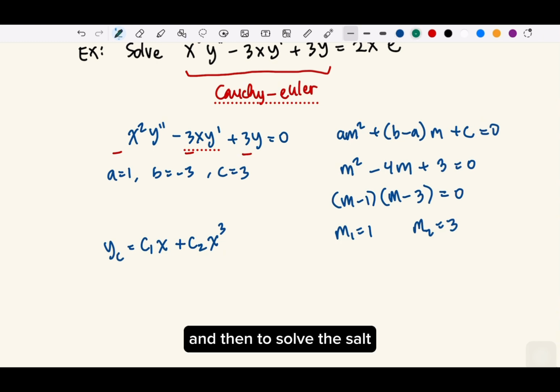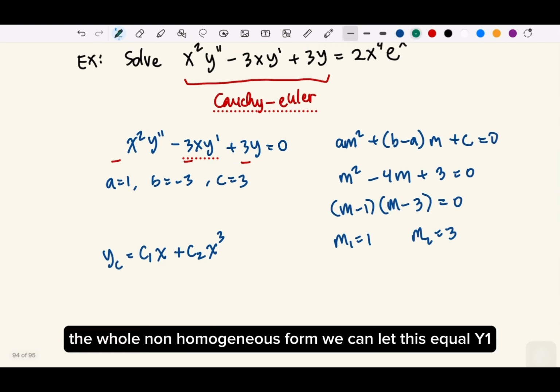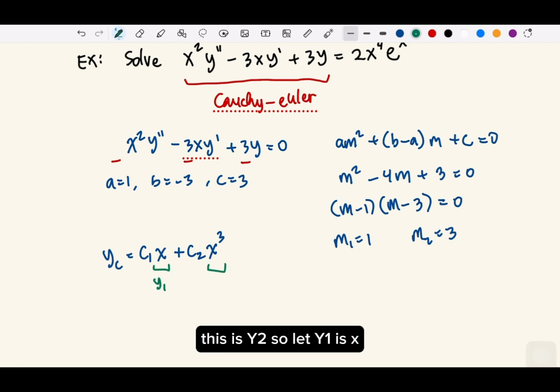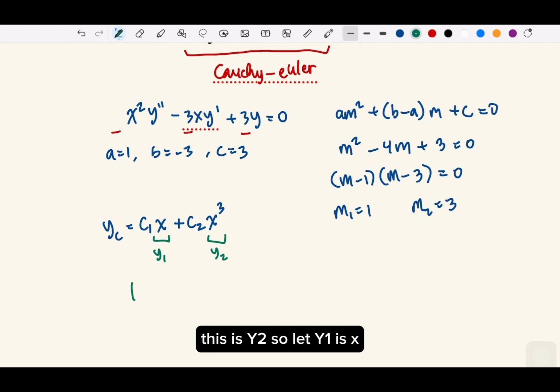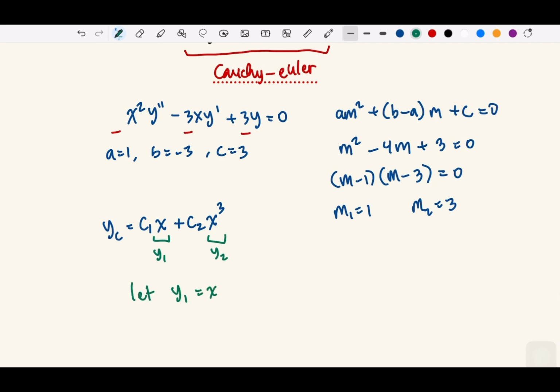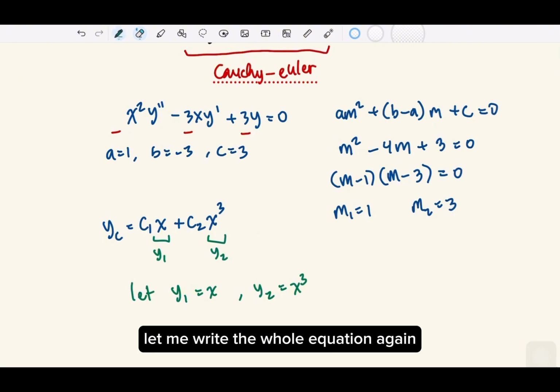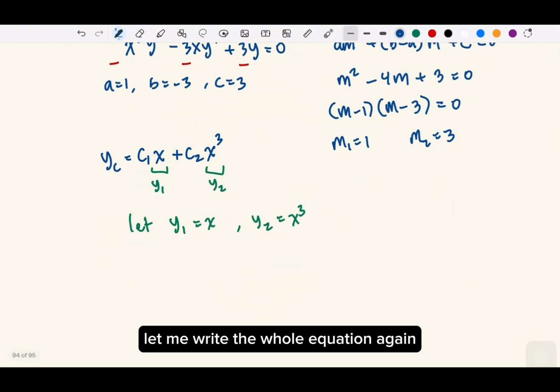And then to solve the whole non-homogeneous form, we let y1 be x and y2 be x cubed. Now let me write the whole equation again.